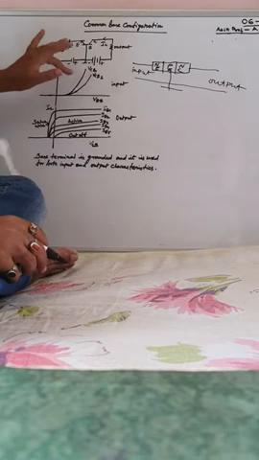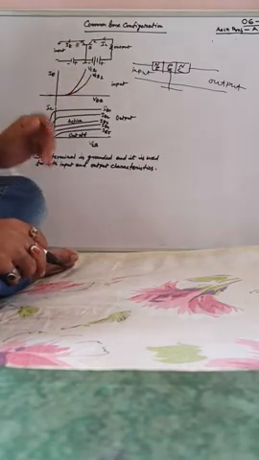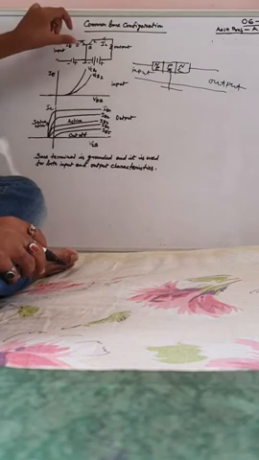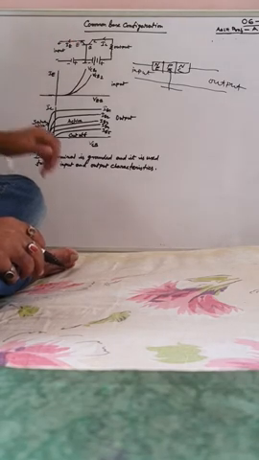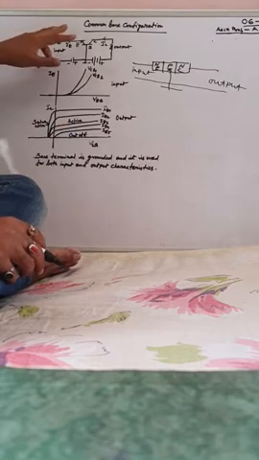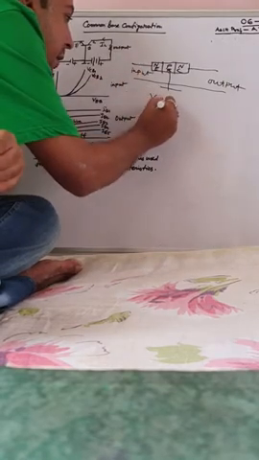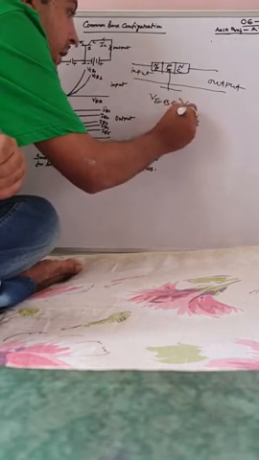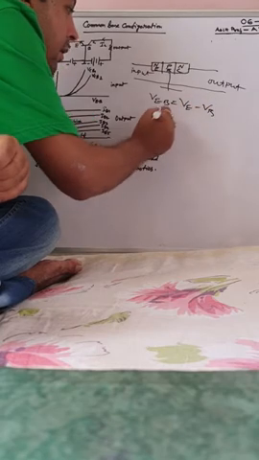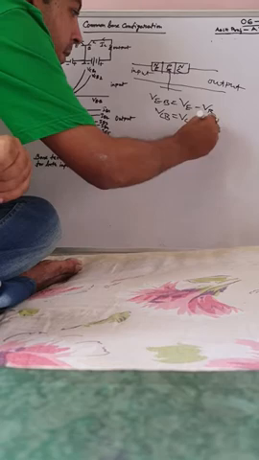Remember, VEB actually means VE minus VB, and VCB means VC minus VB.